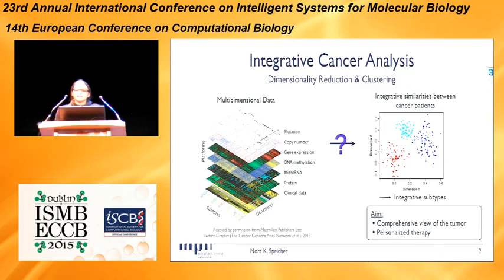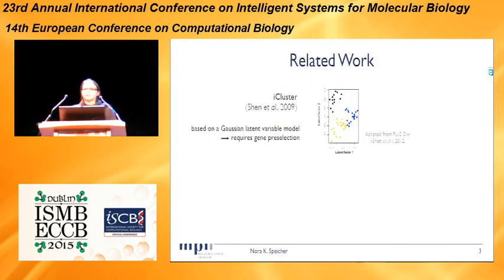So now we have the data, but how can we analyze it? And there are several methods doing so. One of them is iCluster. It's based on a Gaussian latent variable model. And as you can see in this picture, based on the different latent variables that are learned, one can represent the data and cluster the data in order to identify cancer subtypes.